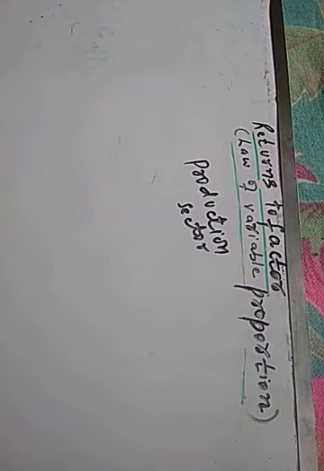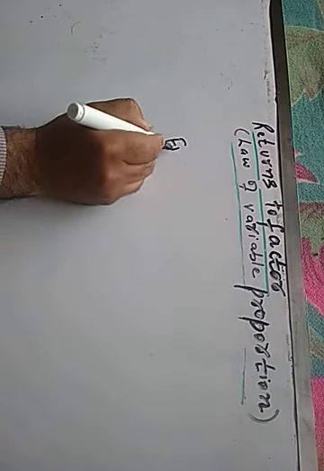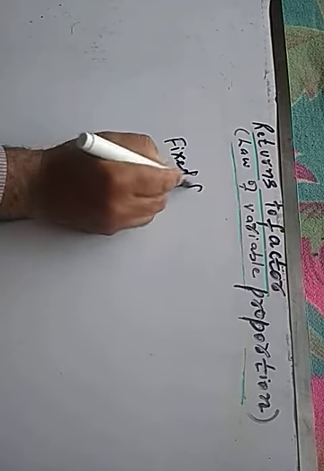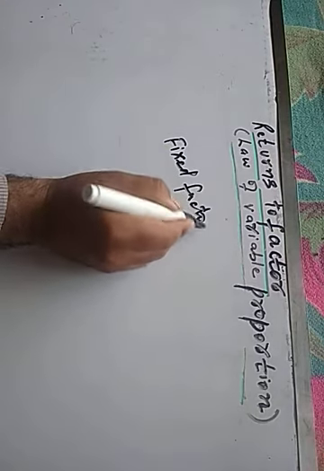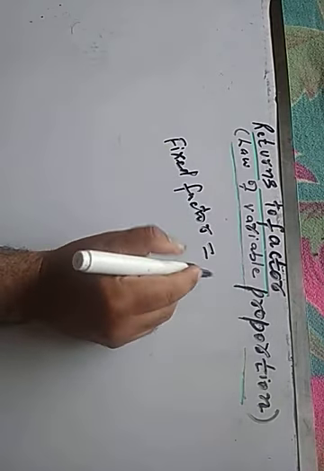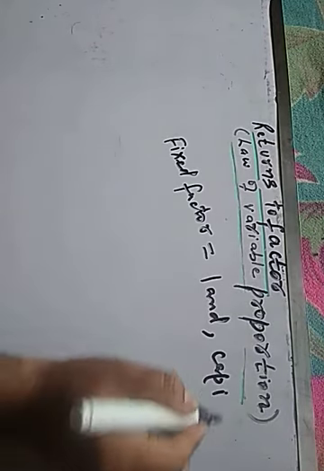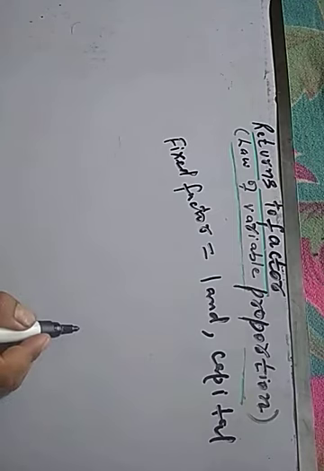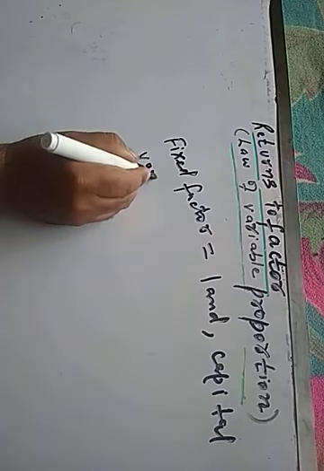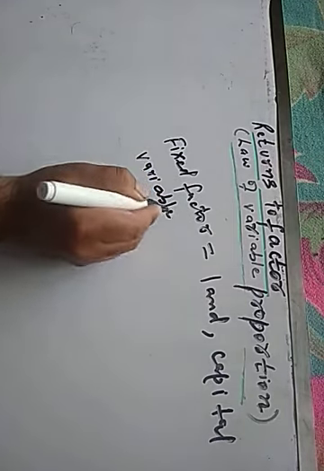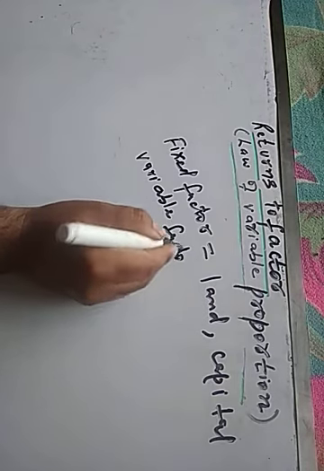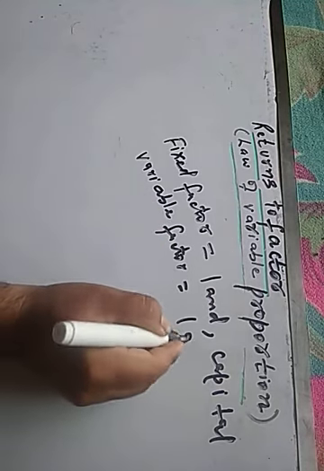And this law of variable proportion, also known as returns to factor, involves the use of a fixed factor, which may be land or capital, and a variable factor such as labor.